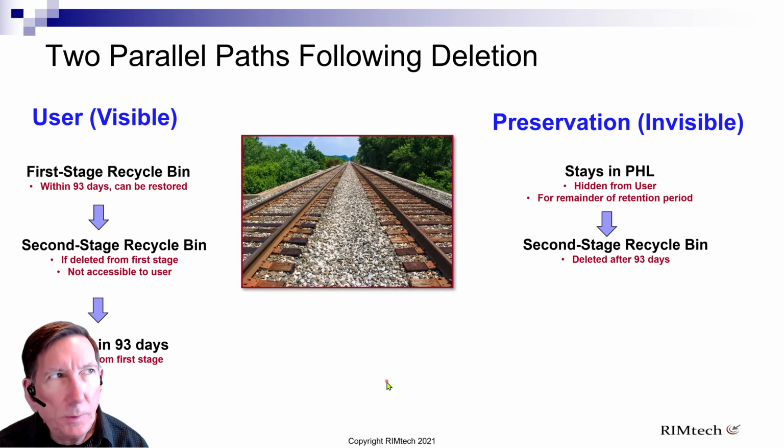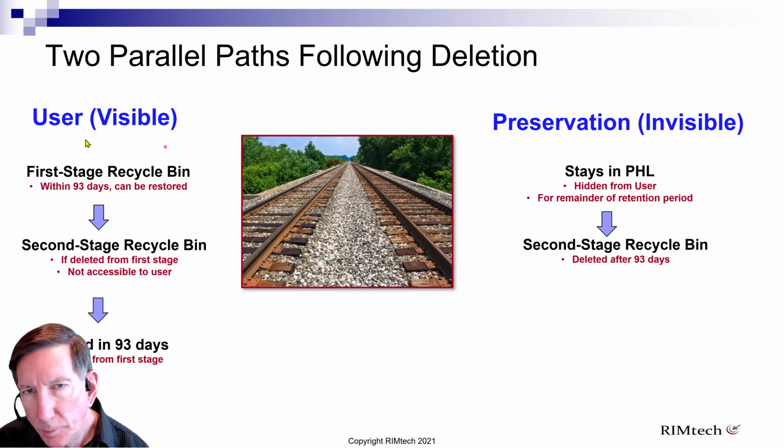So if you allow unlocking, otherwise known as record versioning, then the document now takes two paths, or two paths emerge. One path is what the user sees, and the other path is what goes on automatically behind the scenes that nobody can see. Okay, so let's look at the user path.